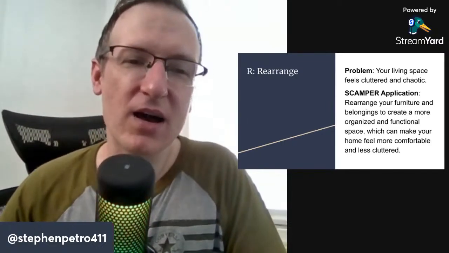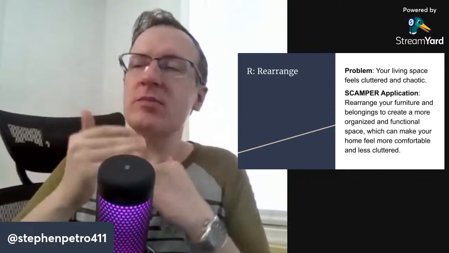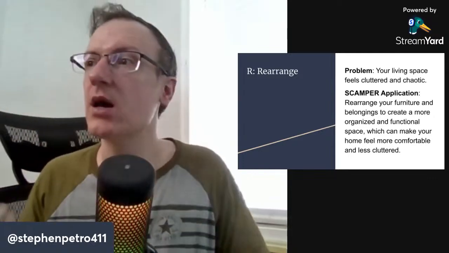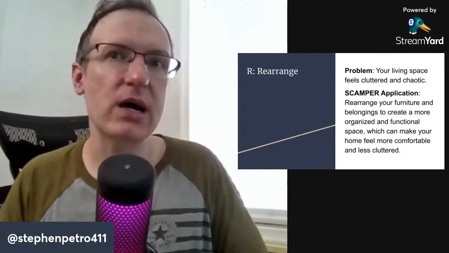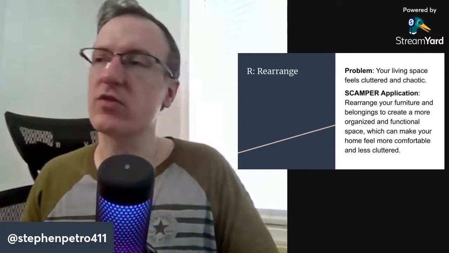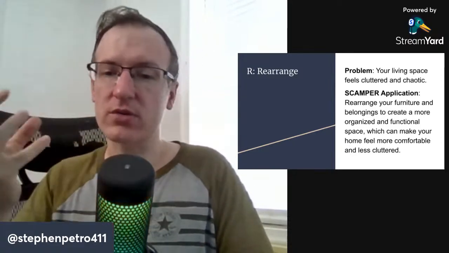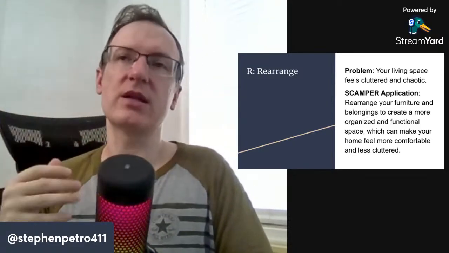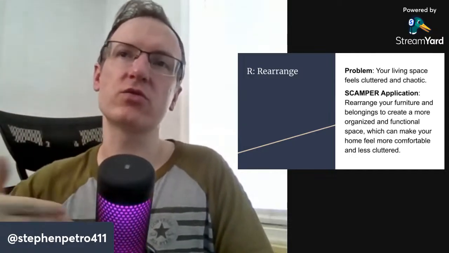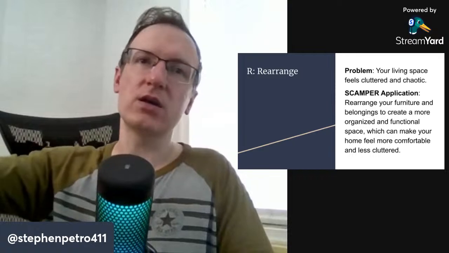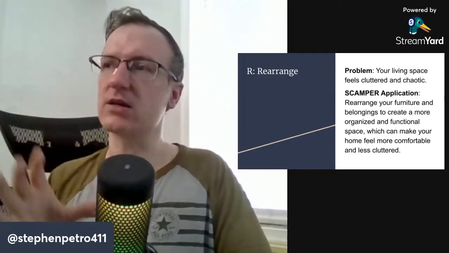Anyway, R is rearrange, in the SCAMPER method. Sometimes we're doing a process, let's say in our day or in our job. If you want to be more effective at your job or your business, or you're a student working on a project and you have a process you're going through, maybe you go to study group first in the day, and then you do personal study.